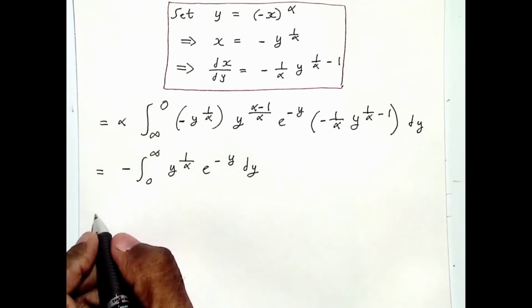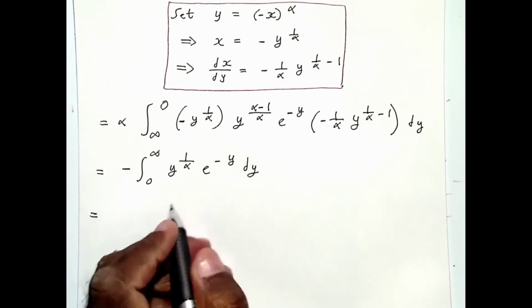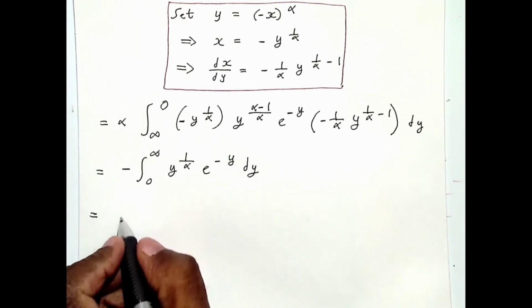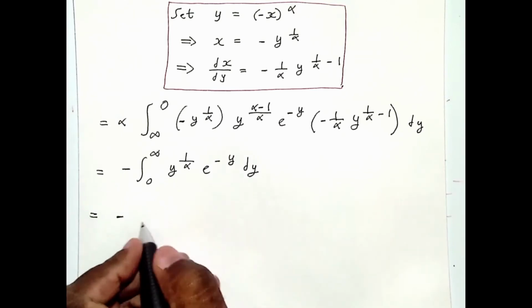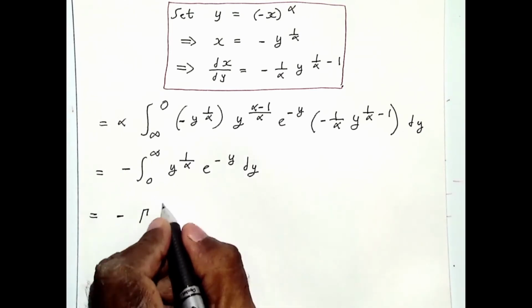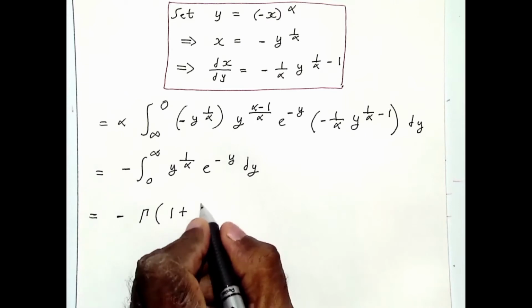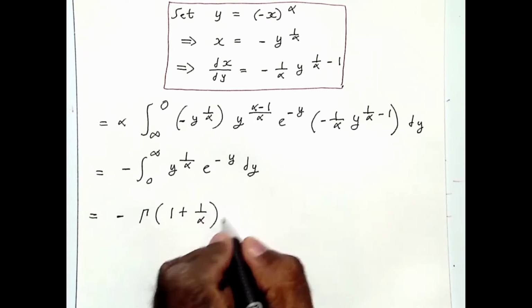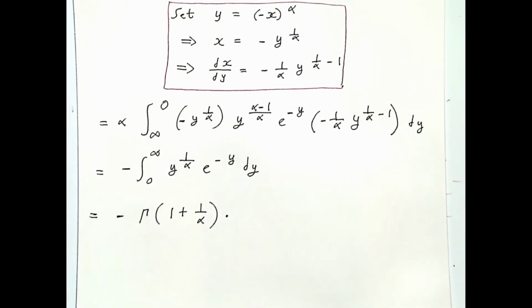Now once again, using the definition of the gamma function, what you have here is the gamma function at 1 plus 1 over alpha. So this is the mean for the Weibull distribution.